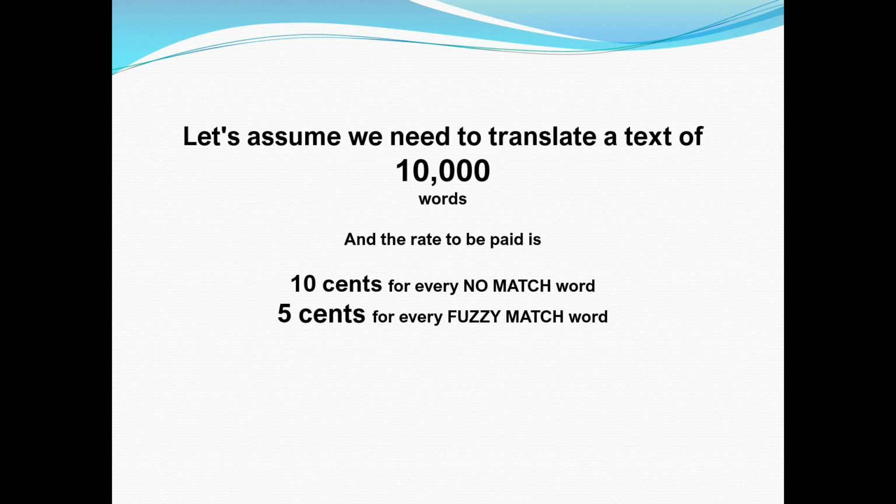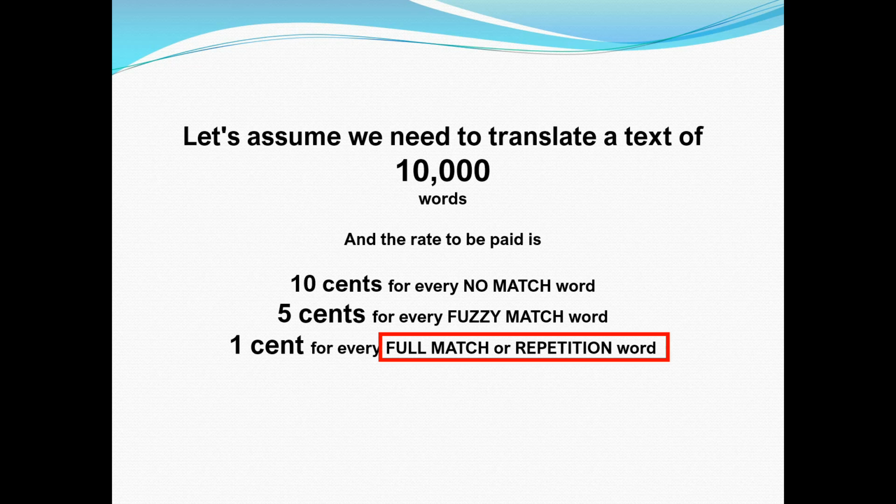And the third case is when the words of my document, by comparison with the translation memory and the document itself, we get full match or repetition. It means that I will not have to translate those words.